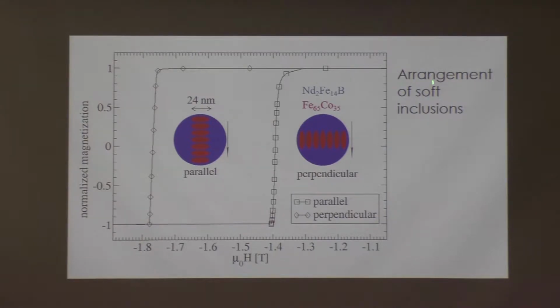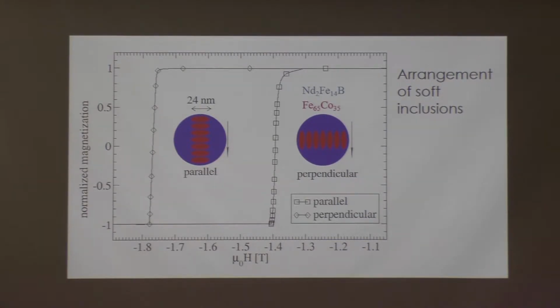We compare the computed demagnetization curves, and we see that we can improve the coercivity by 4 Tesla if we have this arrangement of our soft magnetic inclusions in terms of these chains. So why does this happen? Why is this better than this?